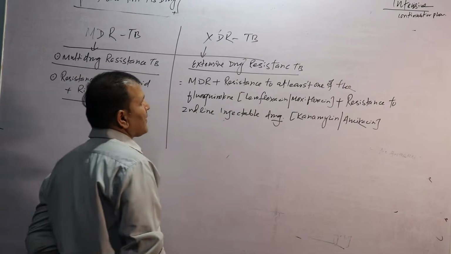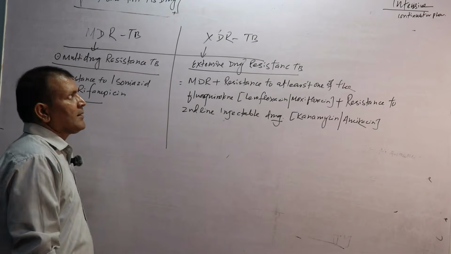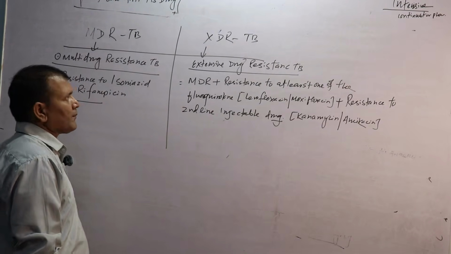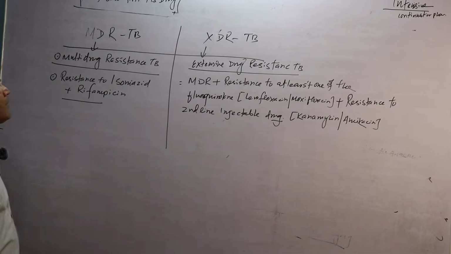So this is the condition of XDR TB. It is difficult to treat, so we use second-line drugs for XDR and MDR TB.